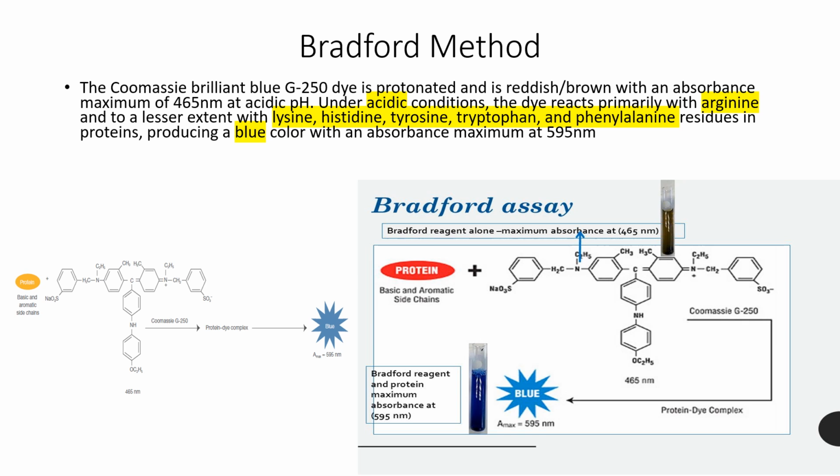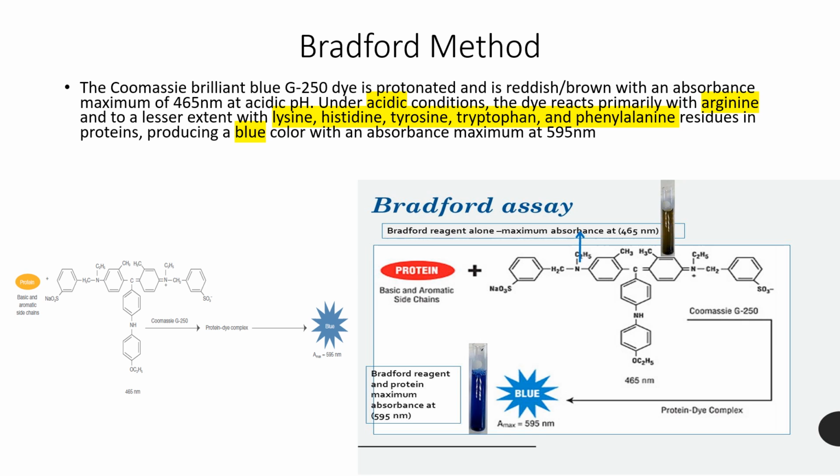Then the Bradford method is different from the previous three, because for the previous three you have to perform the Biuret reaction, and for the Bradford it's based on the binding of the Coomassie brilliant blue G250 dye to the protein, which results in a dye-protein complex with increased molar absorbance for the determination of the protein concentration.